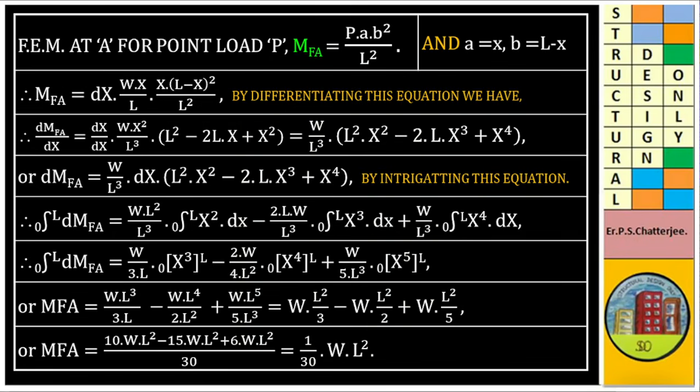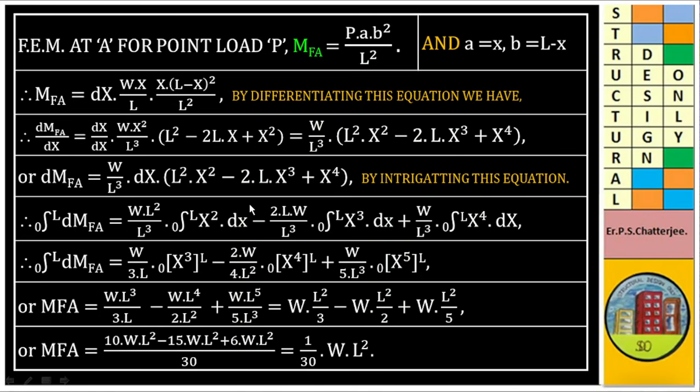By integrating this equation, with limits 0 to L, ∫dMFA is equal to W L square by L cube into integration of x square, limit 0 to L, minus 2 L W by L cube into, once again, the integration of x cube, limit 0 to L, dx, plus W by L cube into integration of x to the power 4, limit 0 to L, dx.